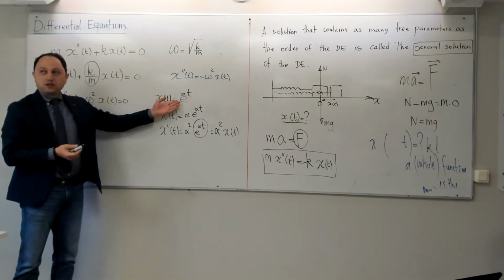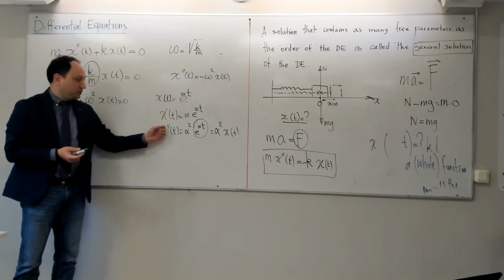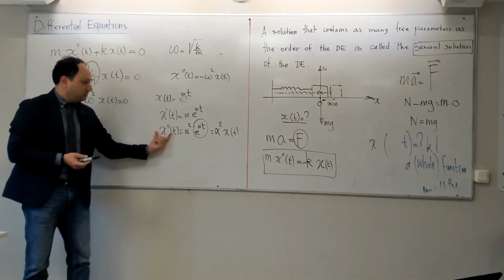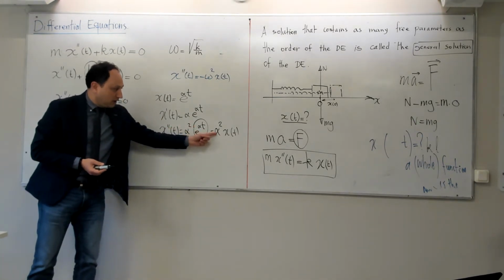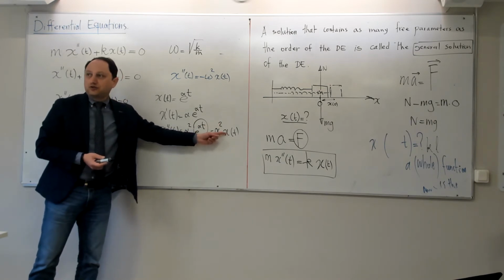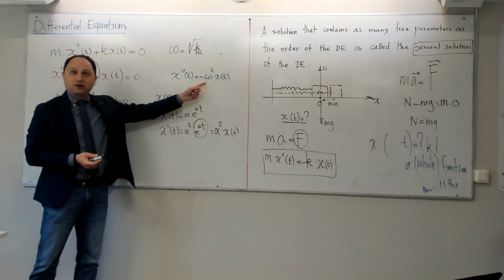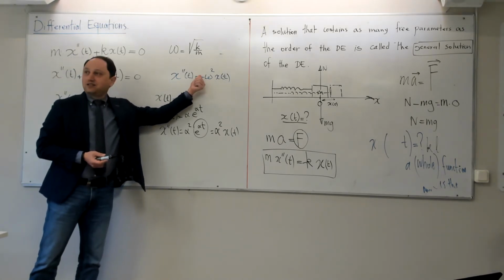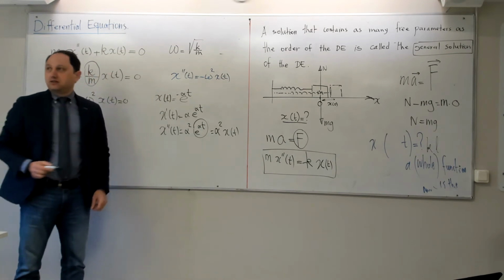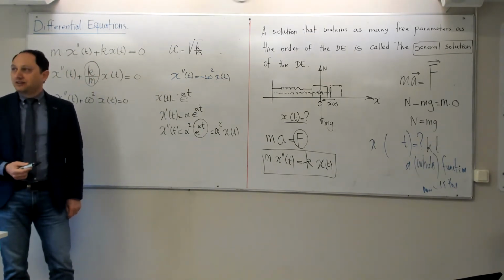You see, when I started with just an exponential function, when I took the second derivative, it has a good structure, yes? The second derivative is equal to a constant to the power 2 multiplied by my function. The crucial thing is that in the one that I want, I have a negative sign there. You might say that, okay, let us start with negative here, but it doesn't work, yes?